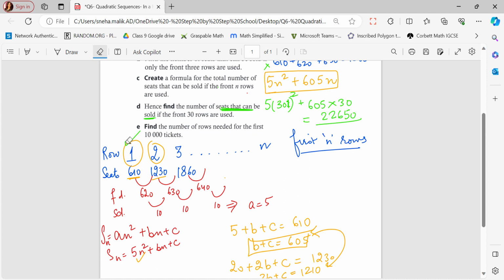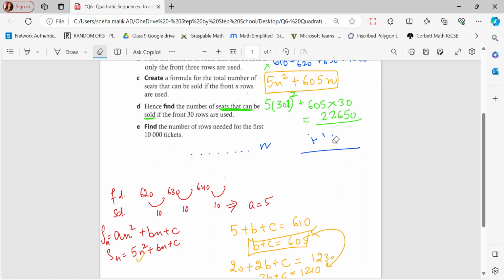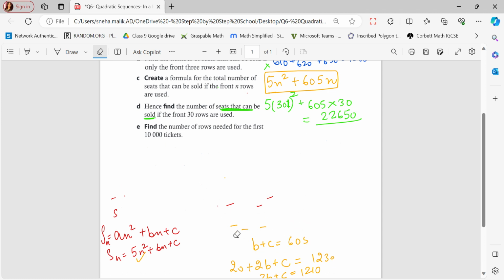Now, the next part, which is the last part of this question. It says find the number of rows needed for the first 10,000 tickets. So first 10,000 tickets means that my nth term is 10,000. At what row are 10,000 tickets being made?